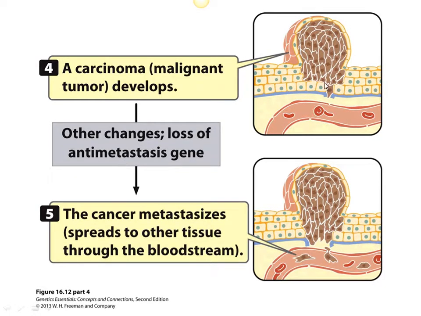And then other genes involving cytoskeleton structures are mutated, and you end up with at least some of the cells from the site getting into the bloodstream, or could be the lymph system, and moving and seeding other cancers, other tumors elsewhere in the body. So that's how you can end up with a colon tumor in some other part of your body.